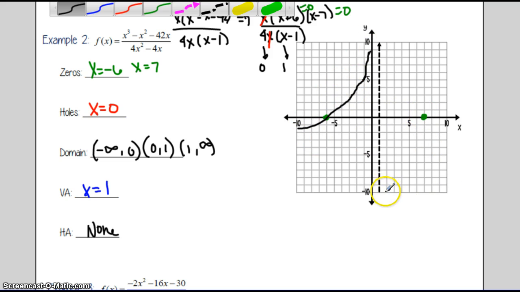All right, and then we're going to draw this one, noticing it comes down here and curves through that point, and then we need to get our hole. Well, our hole is up here at 0, so that's why it's not going past that point. So let's go ahead and draw our hole up here. There we go, on the 0. All right, and that is it.